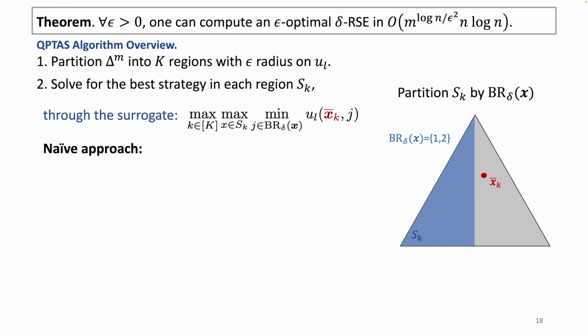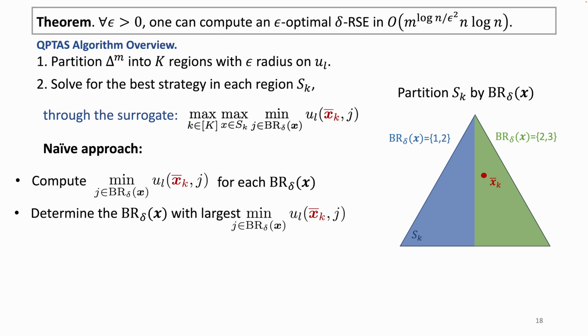Here, for example, one region corresponds to best response set {1, 2}, the other is {2, 3}. Then we can determine whichever best response set gives the maximal leader utility. But this would take at most 2 to the n time, because there are that many delta best response sets in a problem.